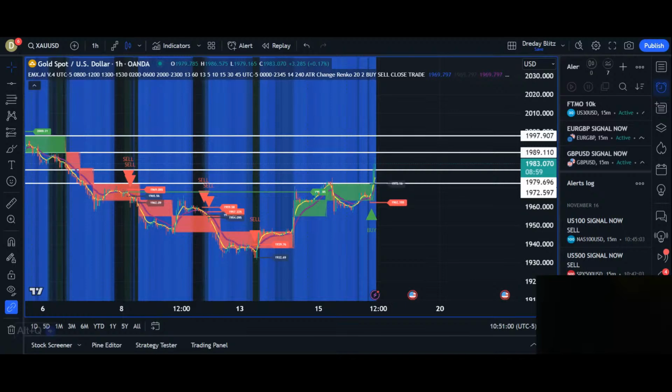So is there anything else you guys want to look at? Any other currency pair or indices? Like I said, the EMX AI is working on any type of market. Could be gold, silver, indices like we're doing this morning.